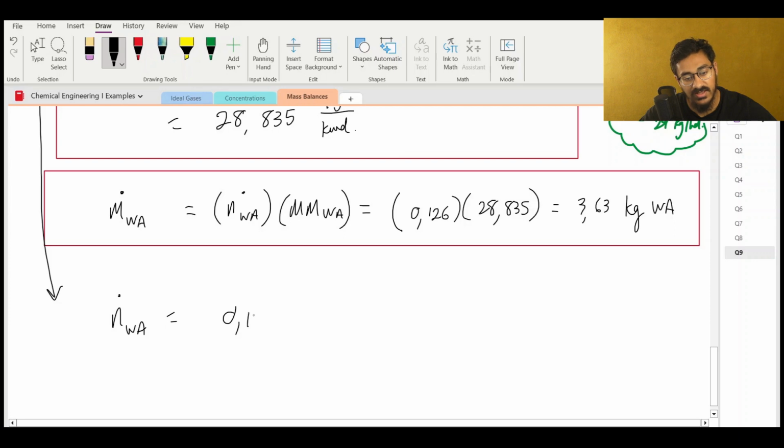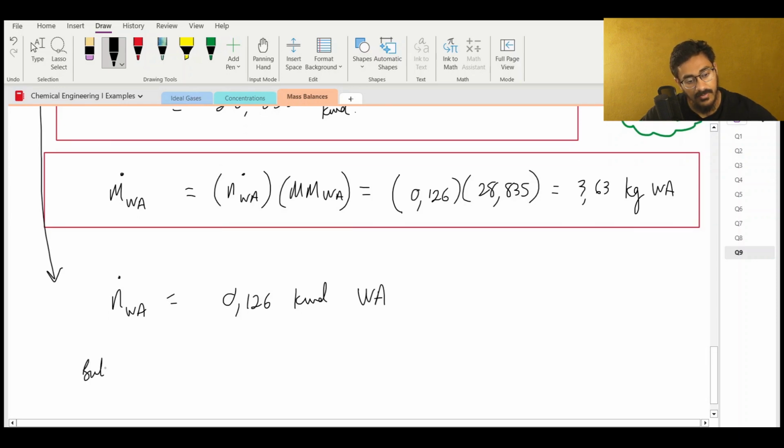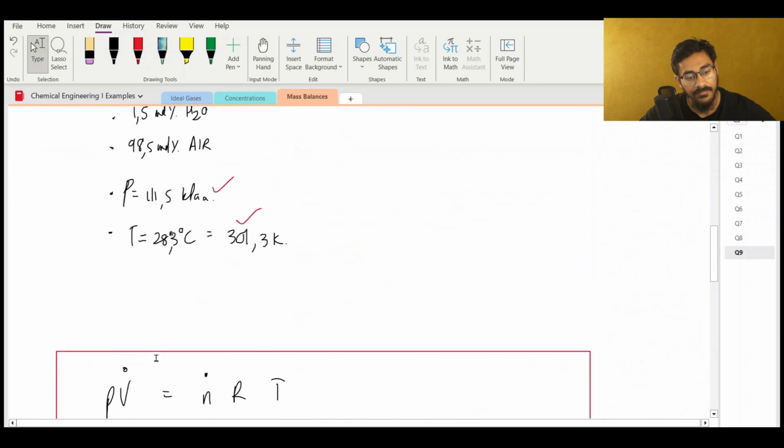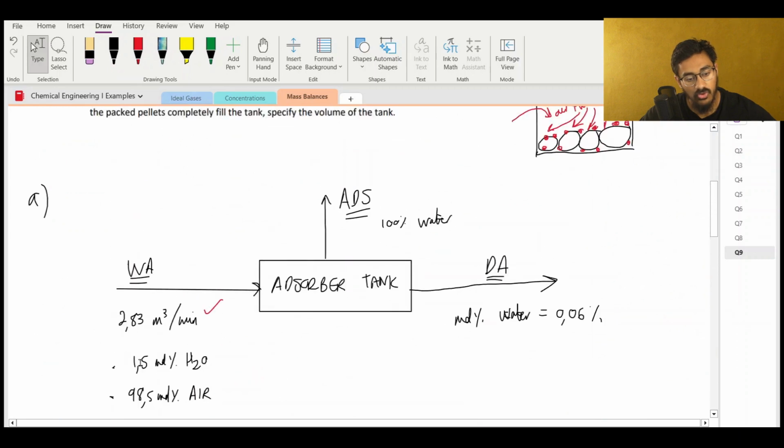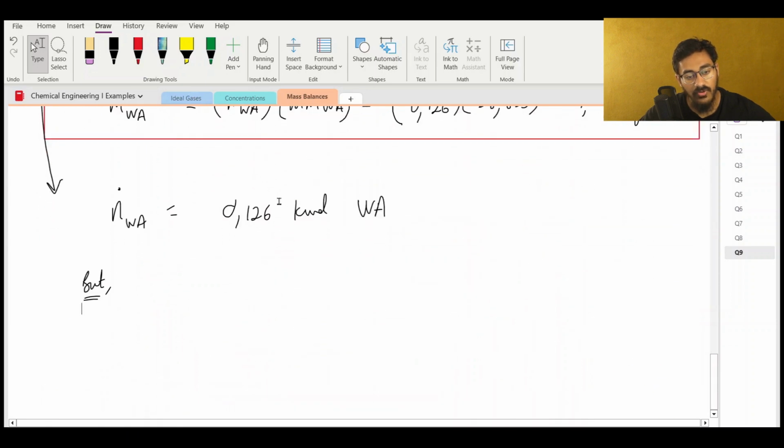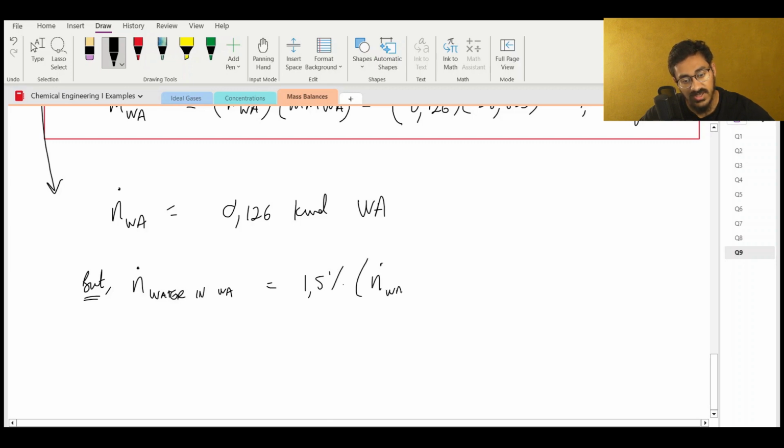The number of moles of wet air is 0.126 kilomoles of wet air. But I know that if we go back up here, the amount of water in the wet air is 1.5 mole percent. So I know that 1.5% of all the moles in here is equal to the water moles. So the number of moles of water in the wet air stream is equal to 1.5% of all the moles in the wet air stream.